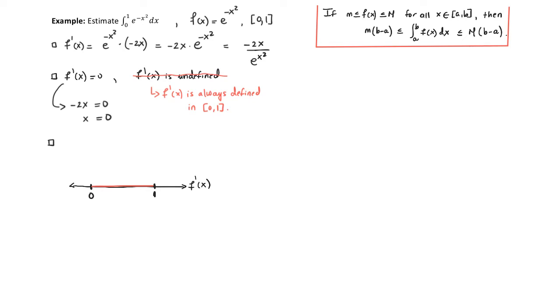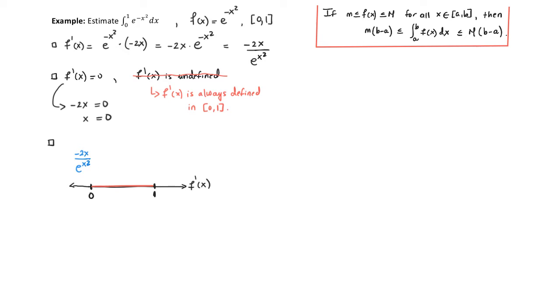We're going to write down the derivative here on top. That will be negative 2x divided by e to the x squared. And then let's look at the numbers between 0 and 1. They're all positive. The denominator of my derivative is e to the x squared, which is always going to be positive.